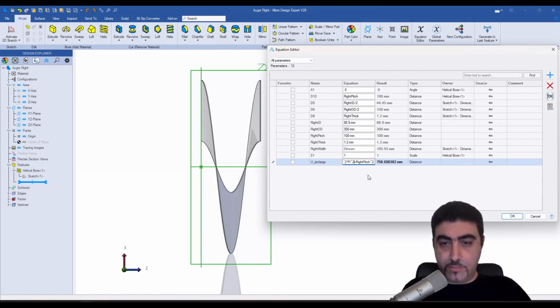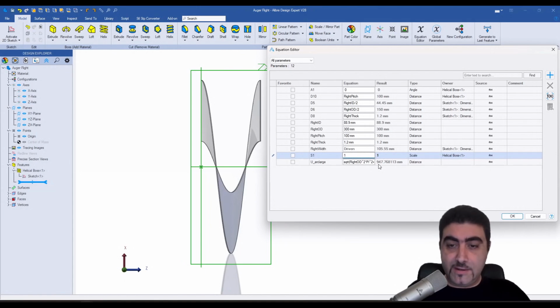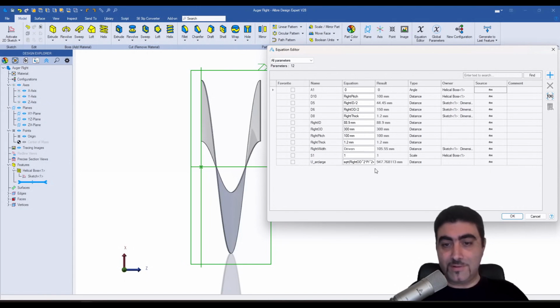Okay, so this is wrong because I put in an asterisk there instead of raising it to the power of 2. Now, if we fix that, we get 947.76. So guys, it's not exactly the same. I'm not sure why, but it's pretty damn close, right?